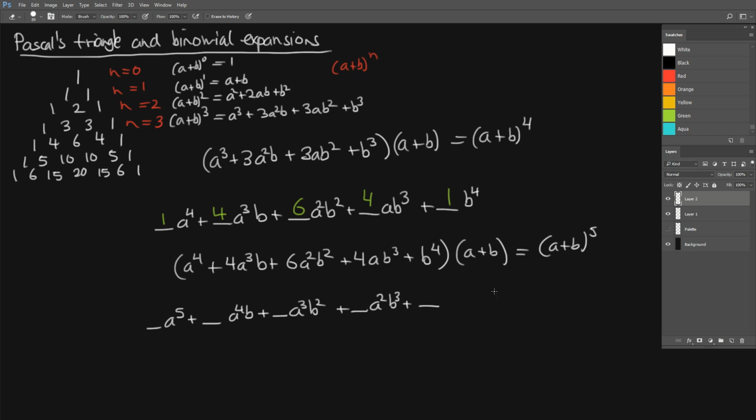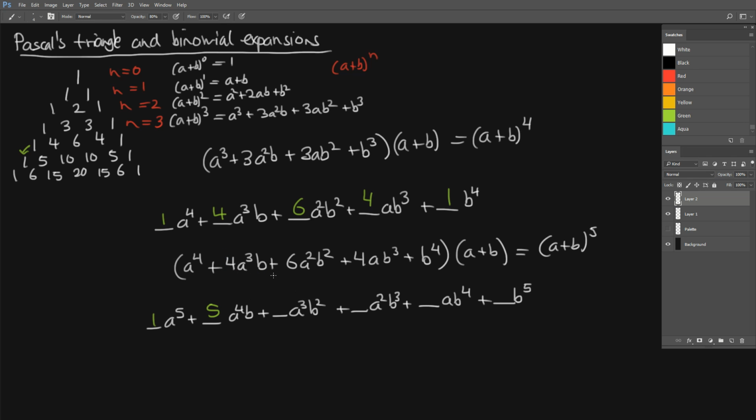Now, once again, we have a to the 4 times a, which is why the 1 goes to a 1. We then have to get our a to the 4 b: we have this guy times a, and this guy times b. So 4 plus 1 is 5.